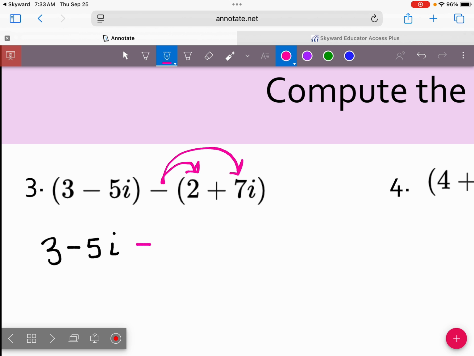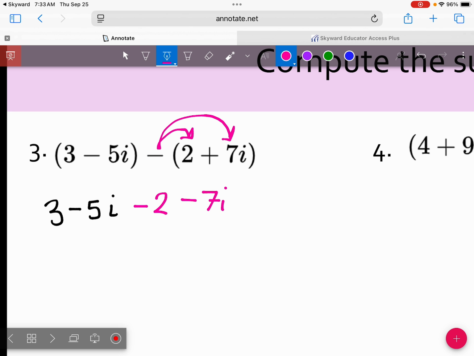I need to make sure we're subtracting the 2 and we subtract that positive 7i. So we have to distribute that minus sign through. It makes a huge difference. And I strongly recommend writing it out because otherwise we lose track. That is the number one issue that we get on these, is we try and do too much in our heads. Write things down, please.